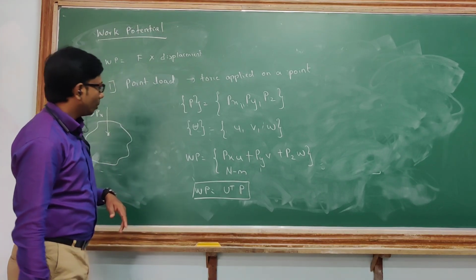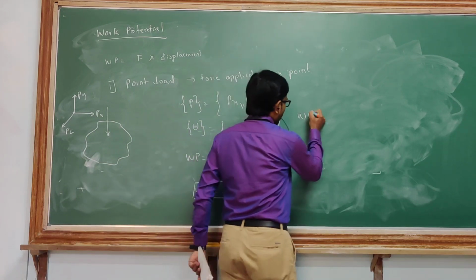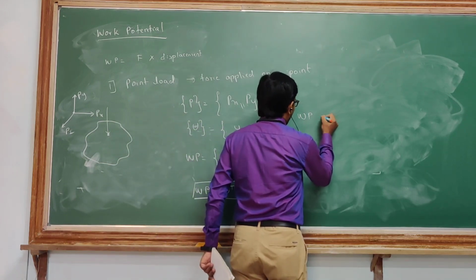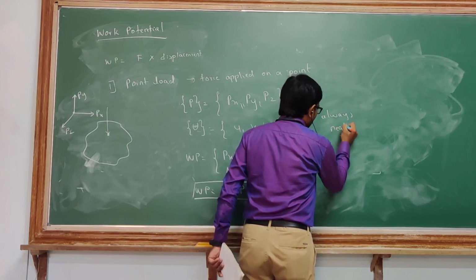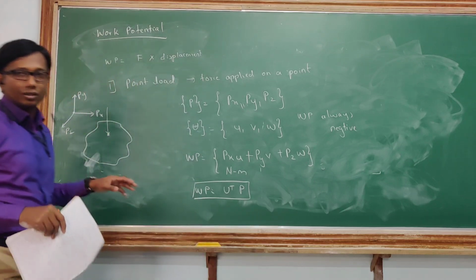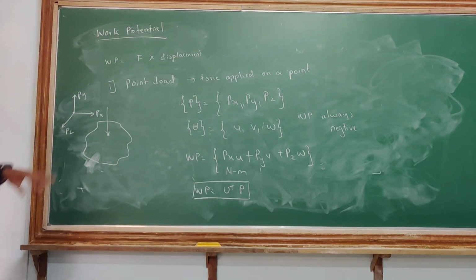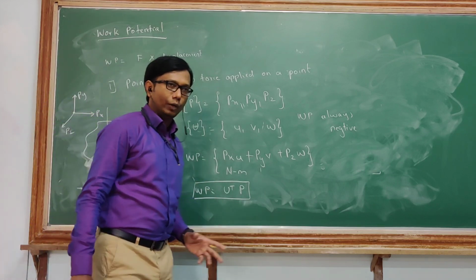One more thing you need to remember, the work potential will always be negative, because the work is done on the system by the external force. So you have to always take a negative parameter.